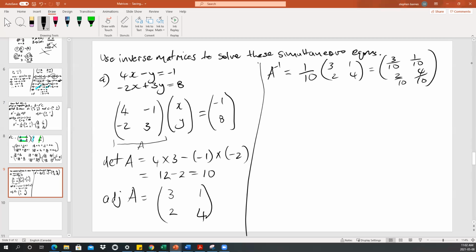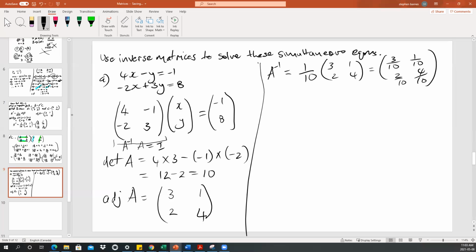It's time to get the answer. Basically, if you apply the inverse to this side, you would get the identity matrix. You don't need to show that unless the question tells you straight up, say, show that A inverse times A equals identity.